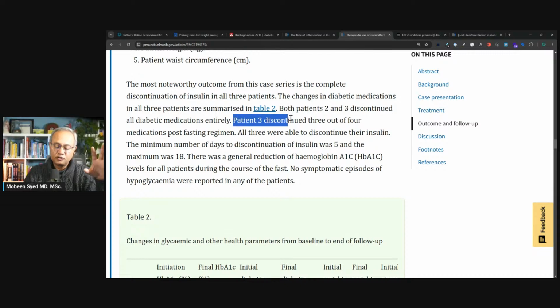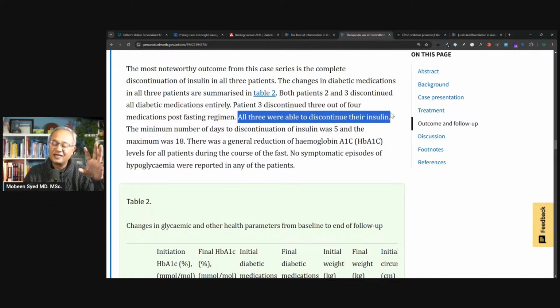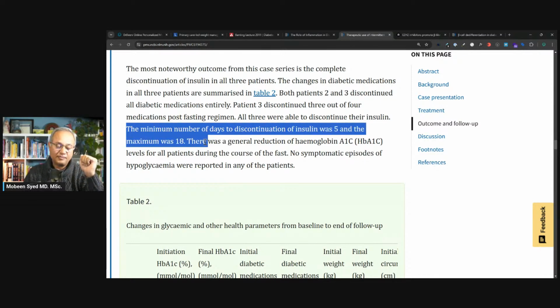Patient 3 discontinued 3 out of 4 medications post-fasting regimen. All 3 were able to discontinue their insulin. The minimum number of days to discontinuation of insulin was 5, and the maximum was 18. So, of course, nobody was going to lose weight within 5 days or 18 days. It is an entirely different method.